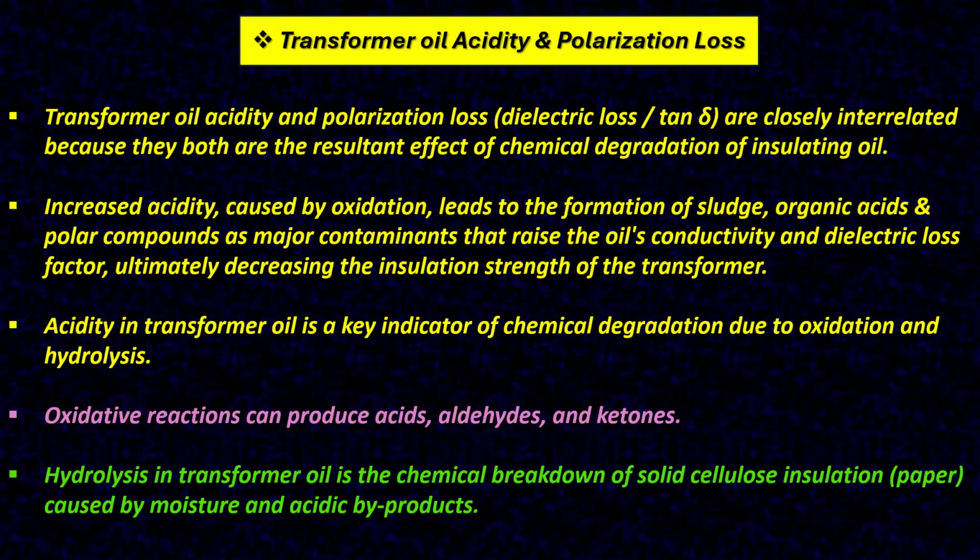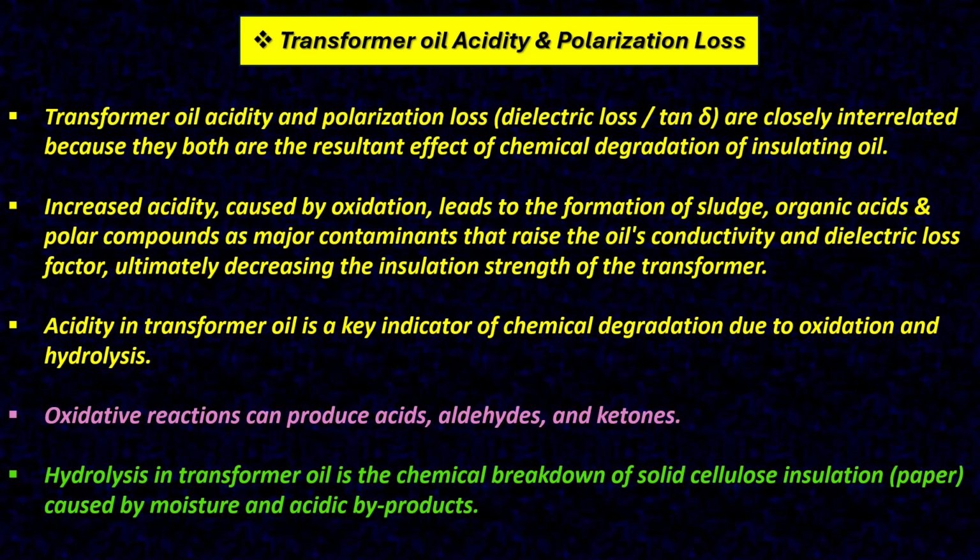Increased acidity caused by oxidation leads to the formation of sludge, organic acids, and polar compounds as major contaminants that raise the oil's conductivity and dielectric loss factor, ultimately decreasing the insulation strength of the transformer.